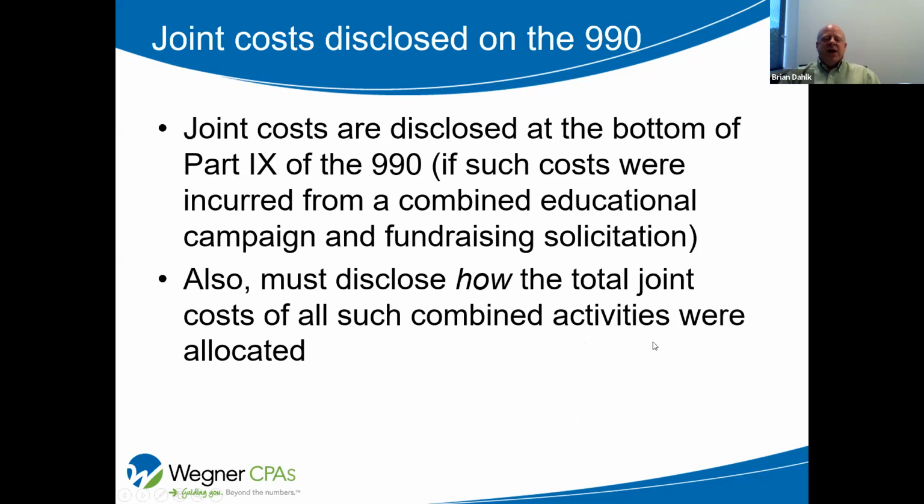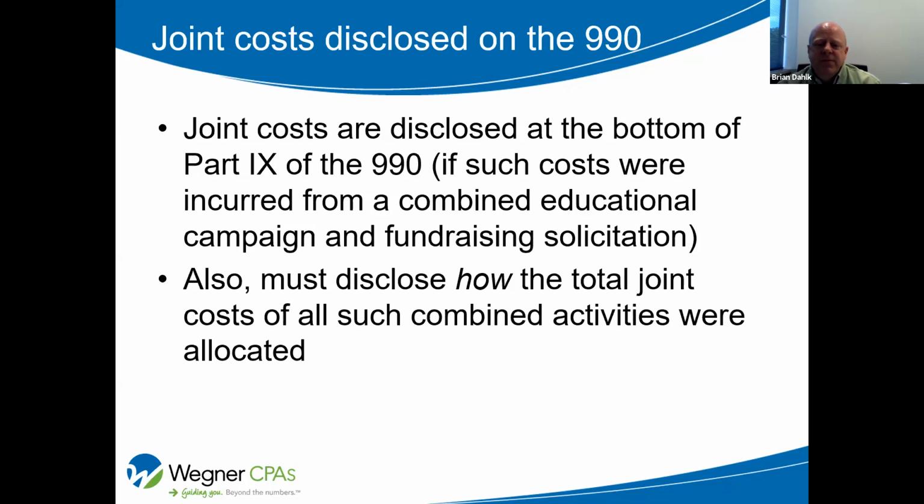The IRS also has this lovely thing we saw earlier called joint costs. Joint costs here are not exactly the same as what was discussed for financial statement purposes. Here, the joint costs have a bit more of a narrow definition. The joint costs here are costs that are incurred from combined educational campaigns and fundraising solicitations.